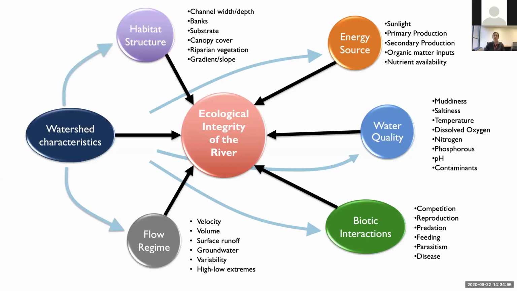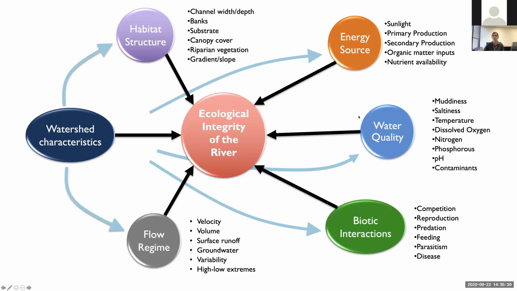So I want to start off thinking broadly about the overall theme of the Watershed Congress, which is the ecological integrity of rivers. So we know that watershed characteristics such as what type of land use the watershed has can directly or indirectly influence the integrity of the river through many aspects such as habitat structure, flow regime, biotic interactions, and energy source, as well as water quality.